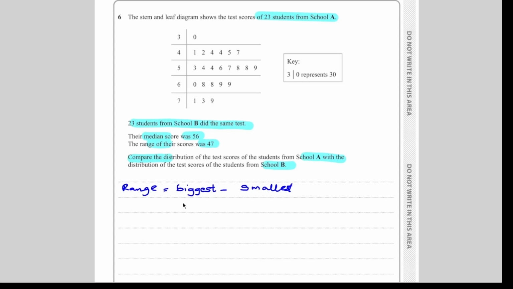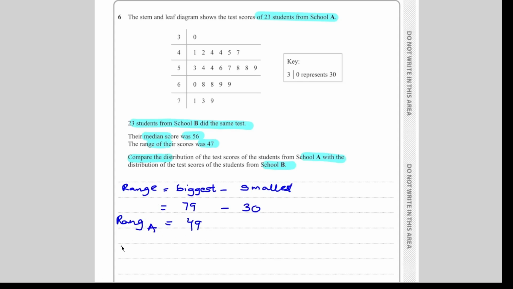So, 79 minus 30, which becomes 49. Then your range of school A is 49.